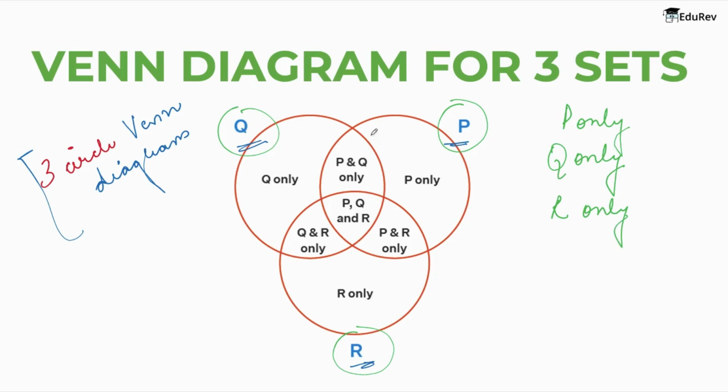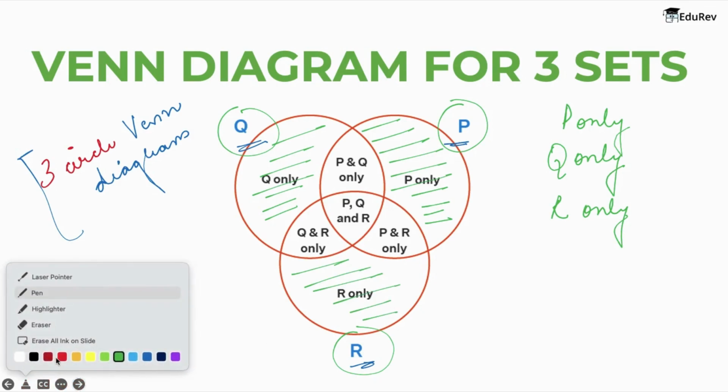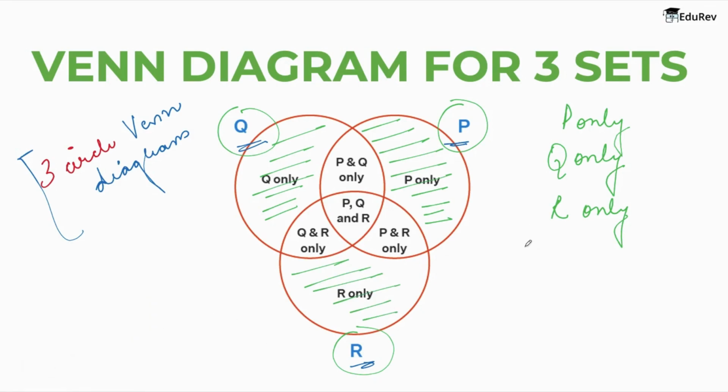And when you refer to the diagram, you can see that we have an area which has only P in it, then we have an area which is only for your Q, and we have an area which is only for your R. Now, other than this, we will also have areas for P and Q together, then Q and R together, and R and P together. So for P and Q, you will have this area.